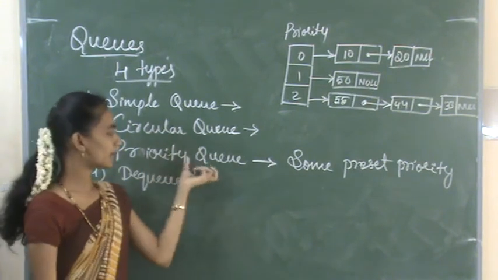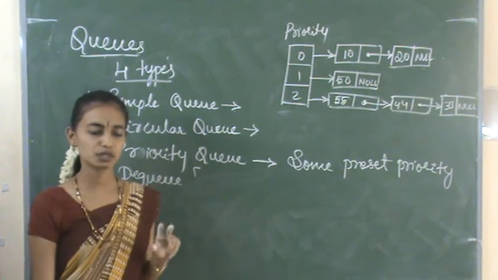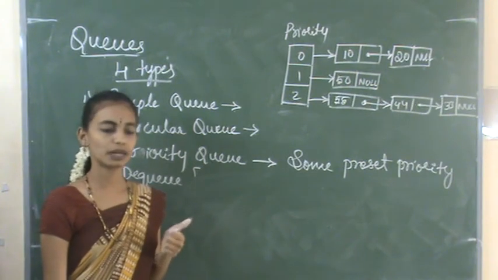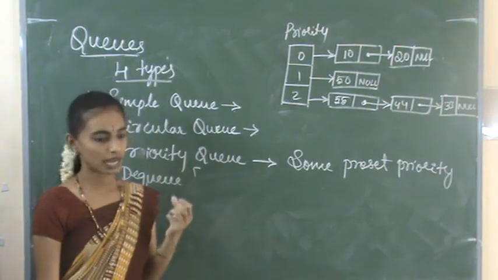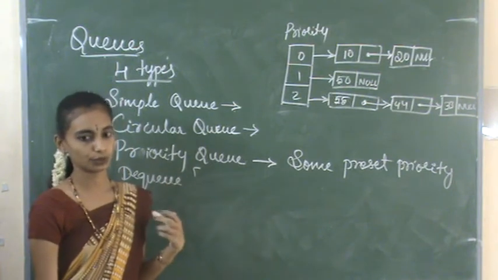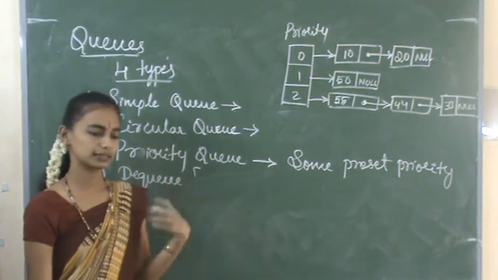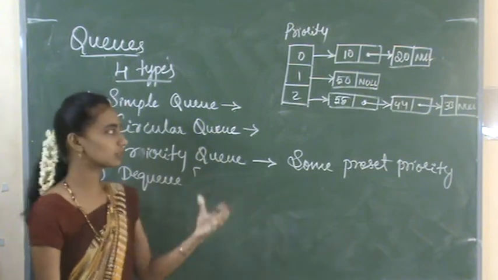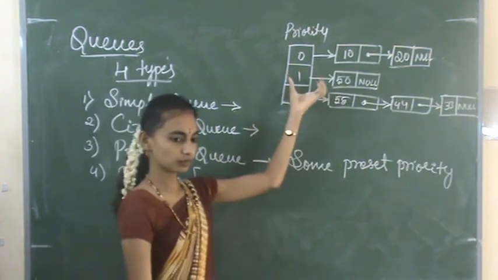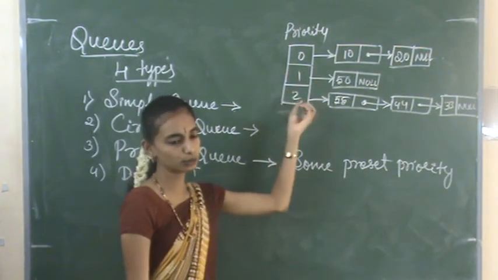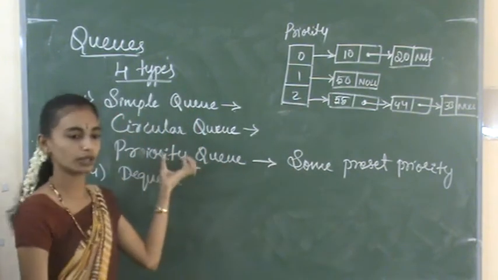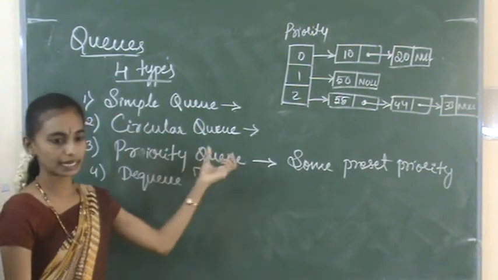In this priority queue, we have two types: one is the ascending priority queue, another is the descending priority queue. Based on ascending or descending order, we insert or remove the item from the queue. So this is about the priority queue.